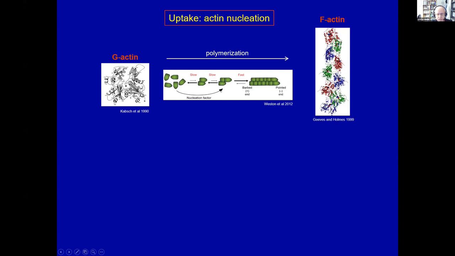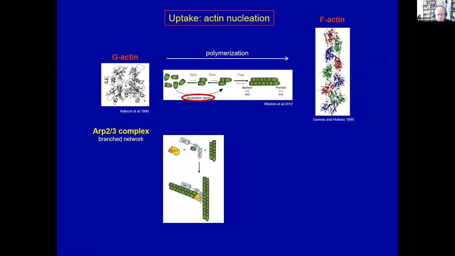The cell has devised methods to really overcome this energy barrier, and by that to locally regulate actin dynamics by the so-called nucleation factors. This is also something that we're looking at in the lab. You may have heard that there are a couple of nucleation factors.